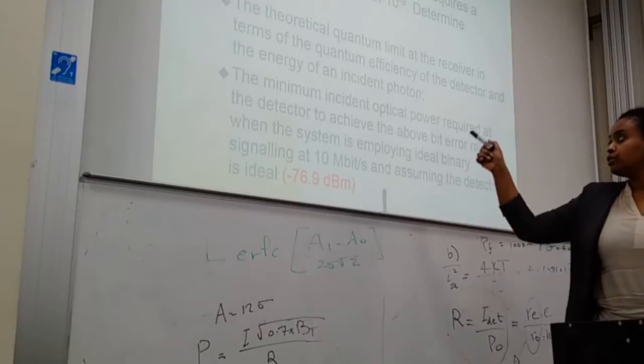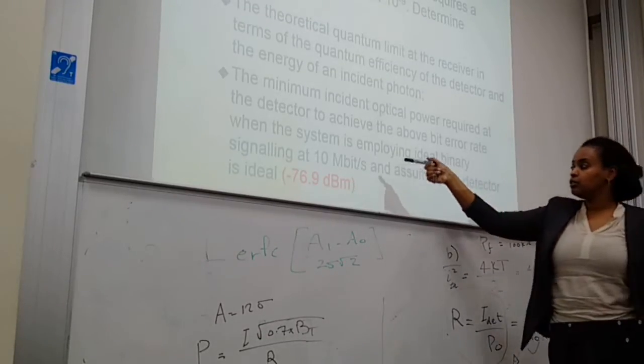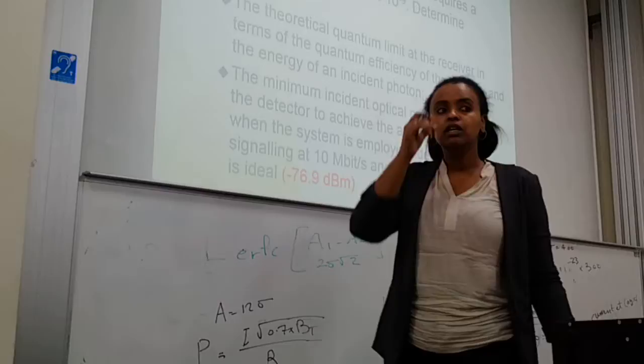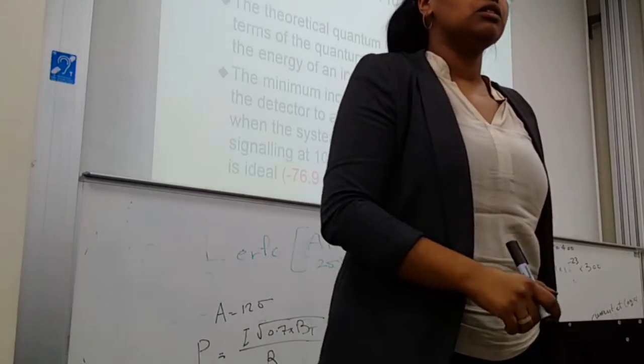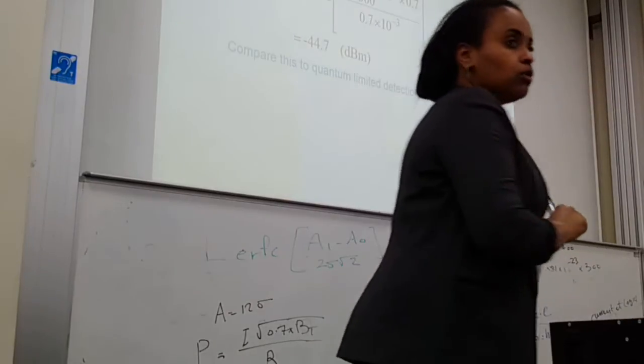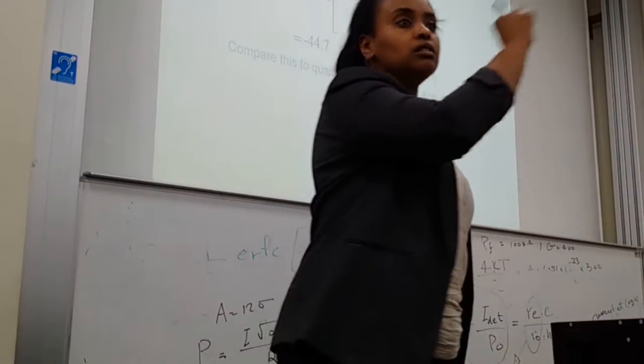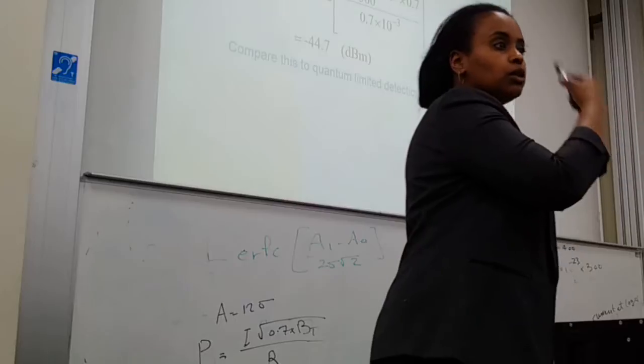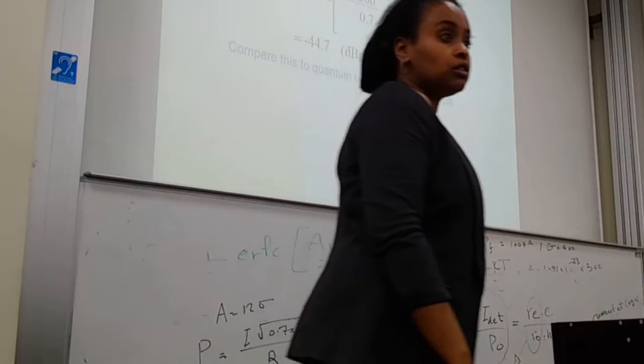There, we were establishing the quantum limit, where we only consider the quantum noise, while here we are looking at all the different noise sources, including thermal noise and shot noise.